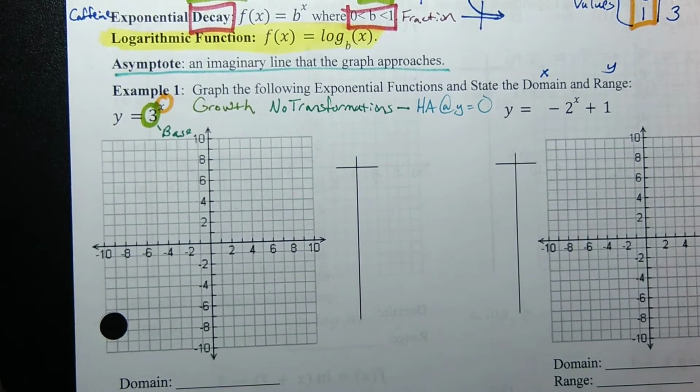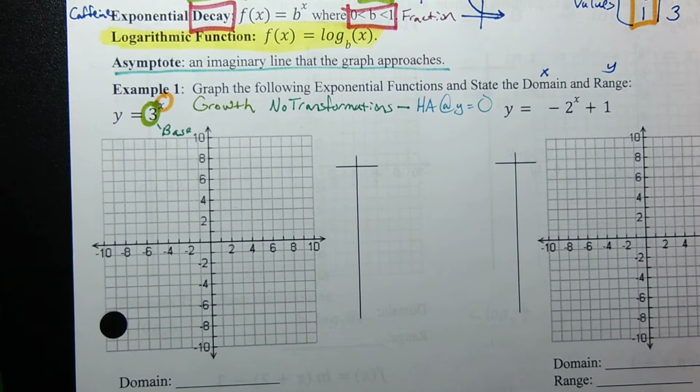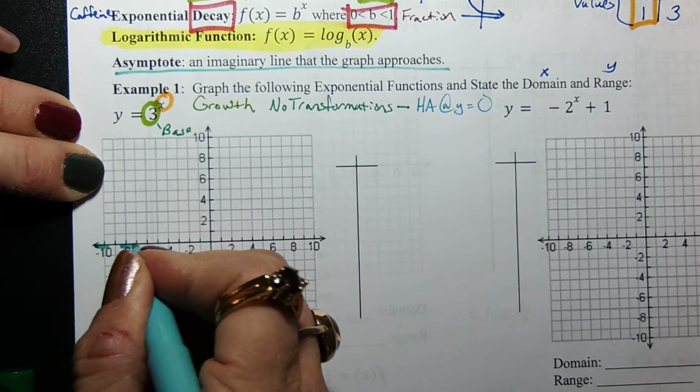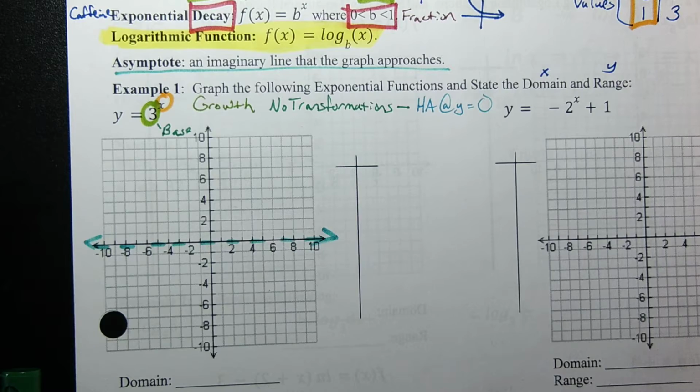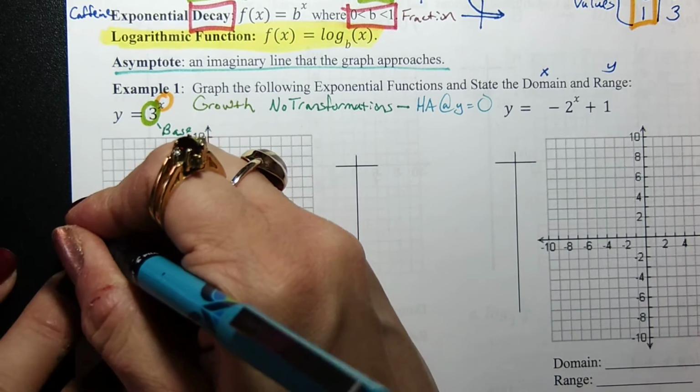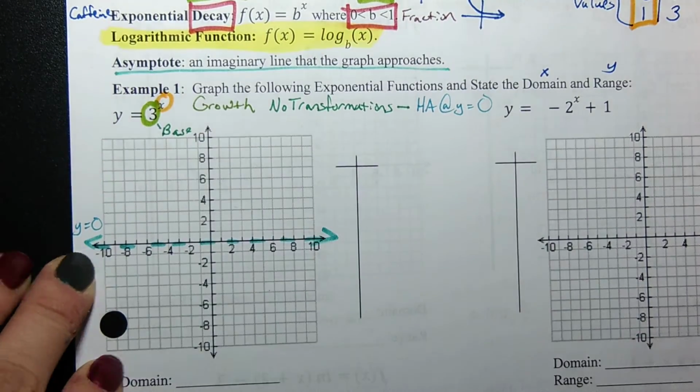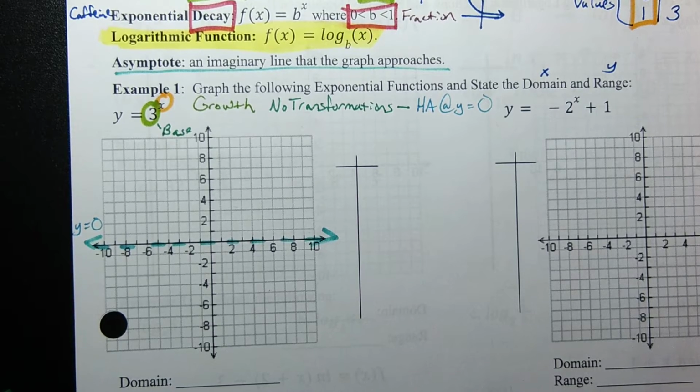Horizontal asymptote at 0. And we're going to go ahead and draw that in. So a dashed line at y equals 0. So just like the asymptotes were a big part of our rational graphs, the asymptotes are going to be a big part of our exponential and logarithmic graphs as well.